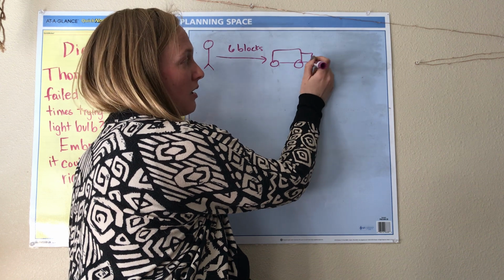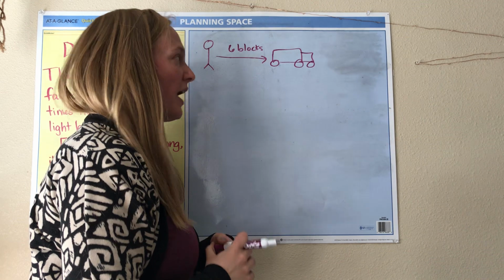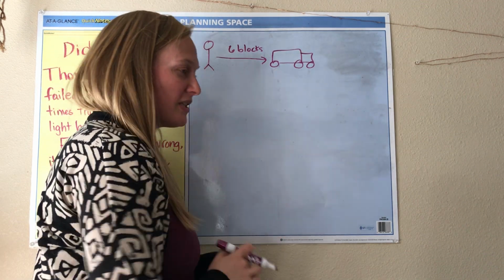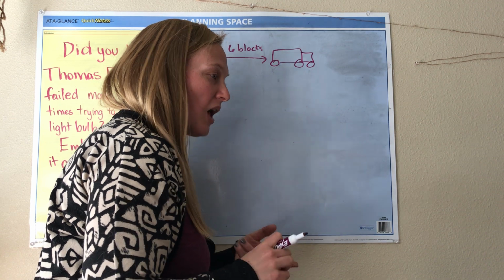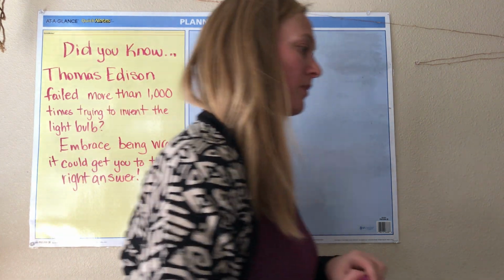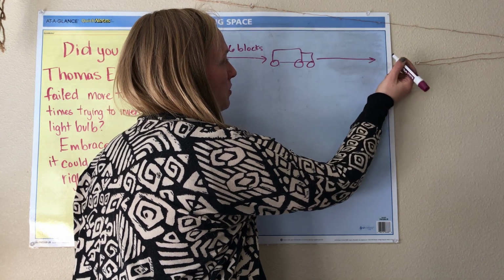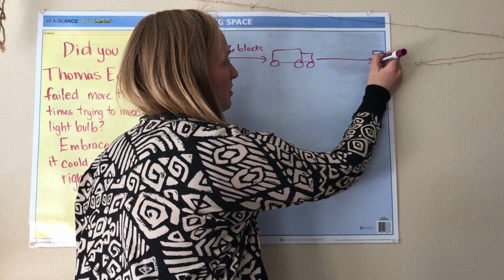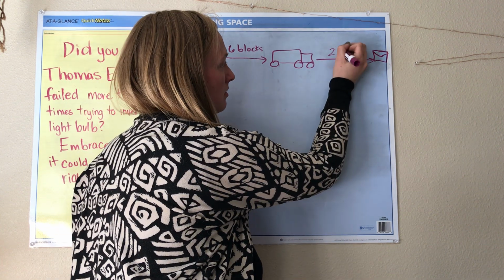Okay, doesn't look like a great bus, I understand, but you get the gist. Okay, so he walked 6 blocks to the bus station, and then he rode the bus 20 blocks to the post office. So, 20 blocks to, let's see, I'm just going to do a letter. Okay, post office, 20 blocks.